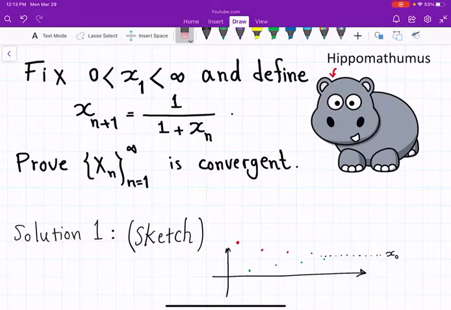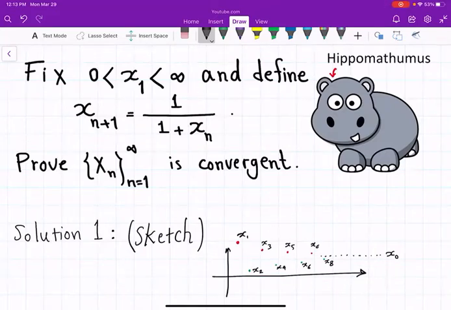Then your odd terms, x1, x3, x5, x7, will form a decreasing sequence toward the limit x0. And then the even ones, x2, x4, x6, x8, will form an increasing sequence toward that same x0. So together they will combine into a convergent sequence.